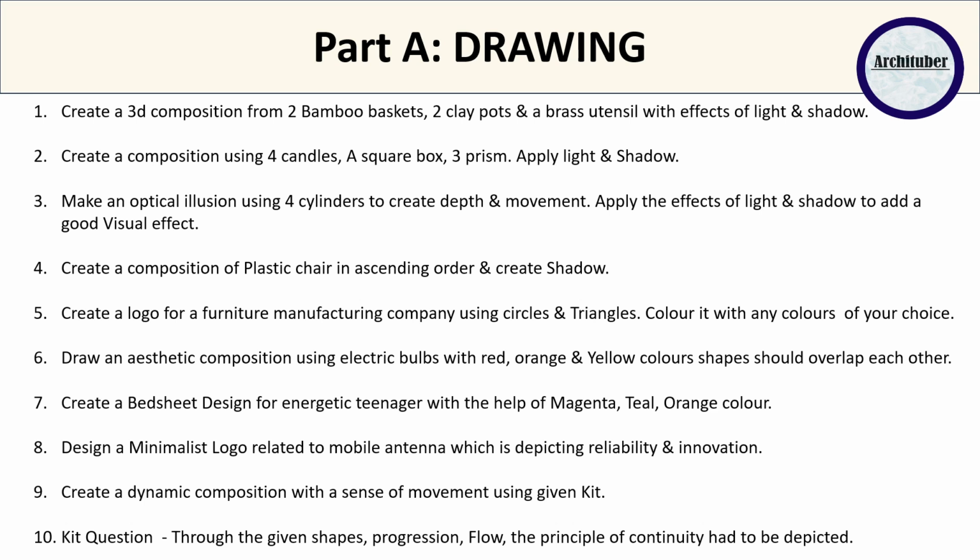As you can see, this question: create a 3D composition from 2 bamboo baskets, 2 clay pots and brass utensils with effects of light and shadows. So tell me, how will you show the shadows for 3 different objects with 3 different materials, right? Let's give it a thought. Consider that we have these 3 objects.